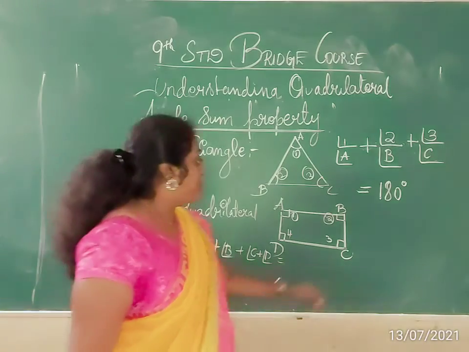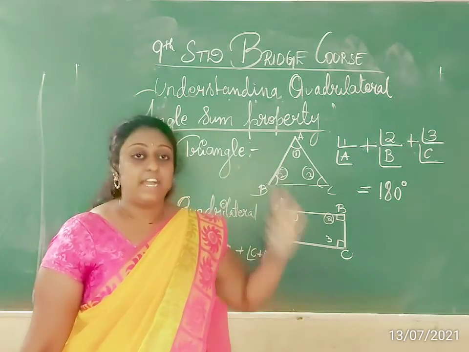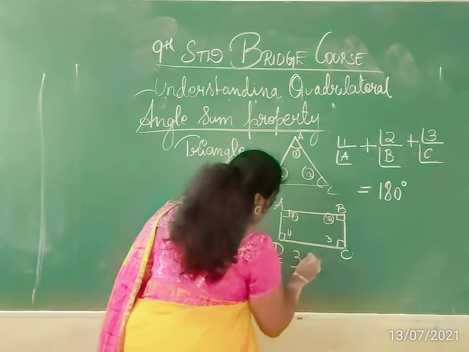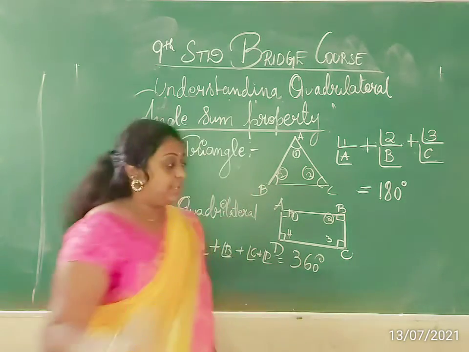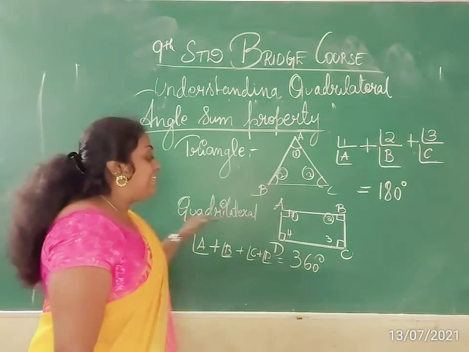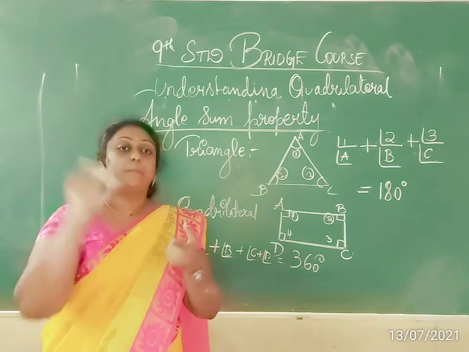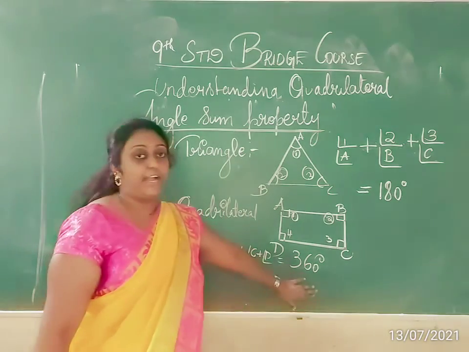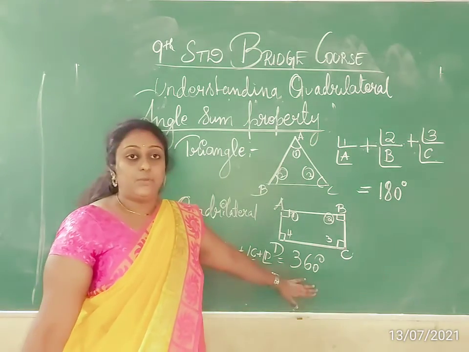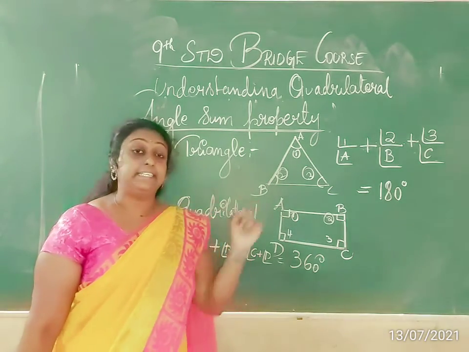That is nothing but 360. Remember this clearly. For a triangle it is 180. For a quadrilateral, that is for your square, rectangle, rhombus, parallelogram, it is 360. Did you get it?